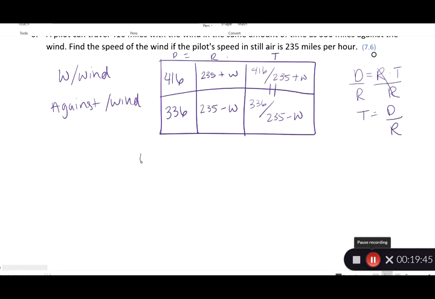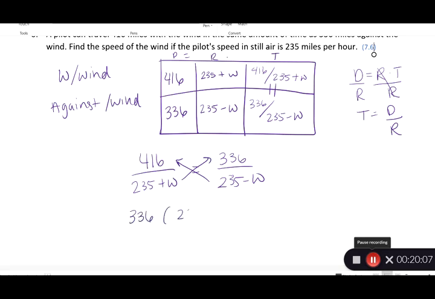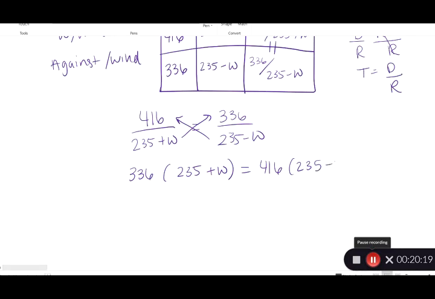The times are equal, so 416 over 235 plus w equals 336 over 235 minus w. Now it's just a proportion, so it's even easier than multiplying by the LCD. I can just cross multiply. So I get 336 times (235 plus w) equals 416 times (235 minus w).